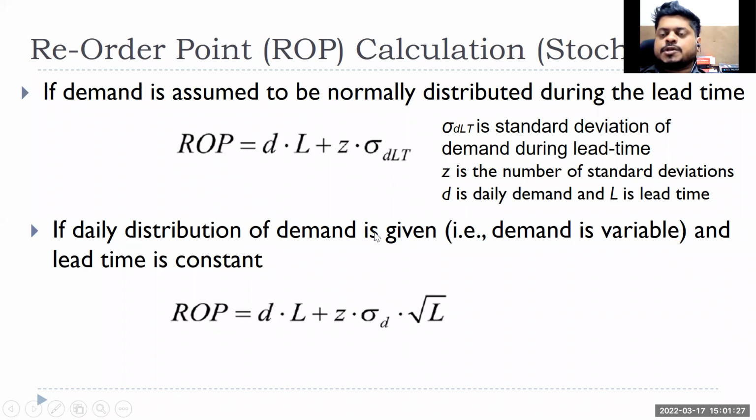If the daily distribution of demand is given, let me explain the difference between these two with an example. Take the same grocery shop owner. Suppose the standard deviation per week of the milk packets he is selling is, let's say, 10 units, comparing the last 52 weeks.